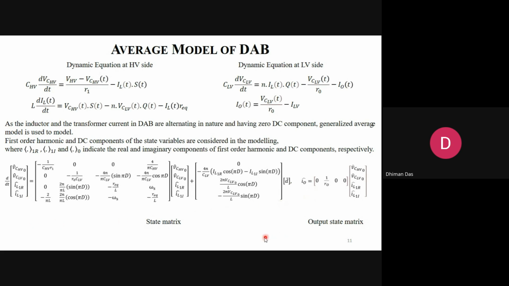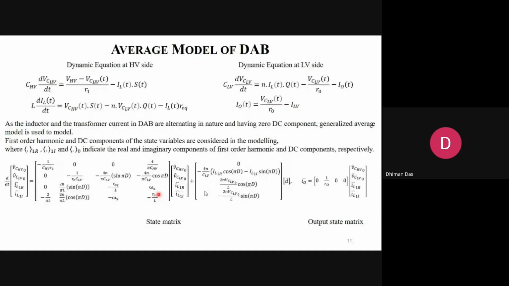If you put it in state matrix form, this will be the state voltage and the inductor current. You can see the real value, imaginary value, and some DC value also.